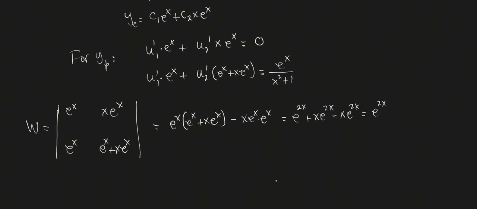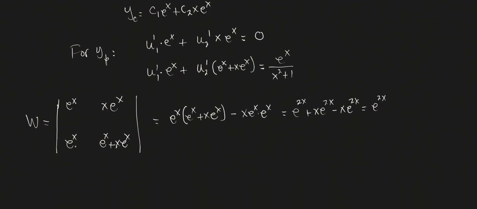Then let's write down the other two determinants that we need, starting with W1. That's where we replace the first column of W with the functions on the right-hand side. So the expressions on the right-hand side: the 0, and then the e to the x over x squared plus 1. And then the second column stays the same. So I have x e to the x, and then down here I have e to the x plus x e to the x.